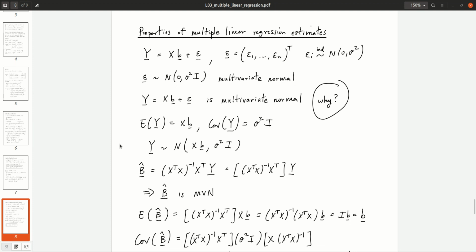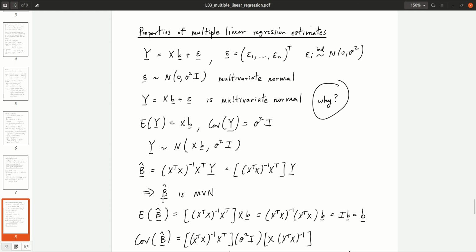All right, so now this is going to be really easy. We want to work out the sampling distribution for b hat, which is our estimator for the regression coefficients. Remember, the formula for b hat is x transpose x inverse times x transpose y. So we can think of that as a matrix, x transpose x inverse times x transpose, multiplied by the vector y.